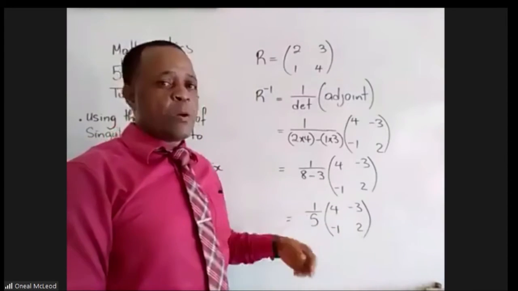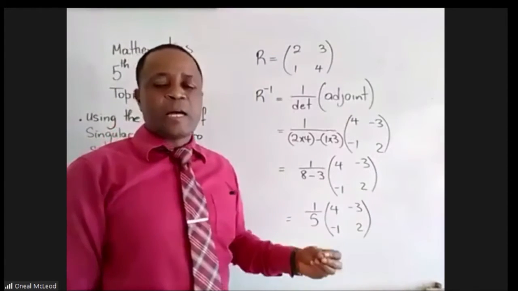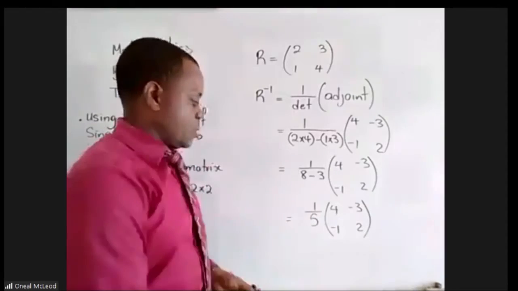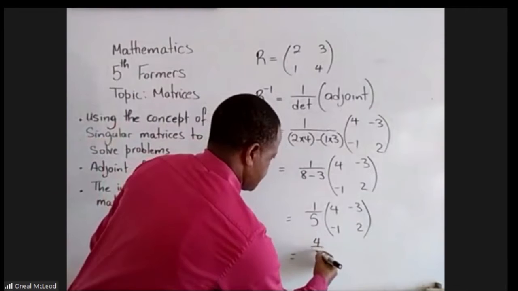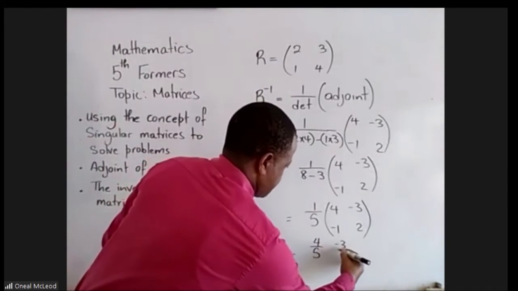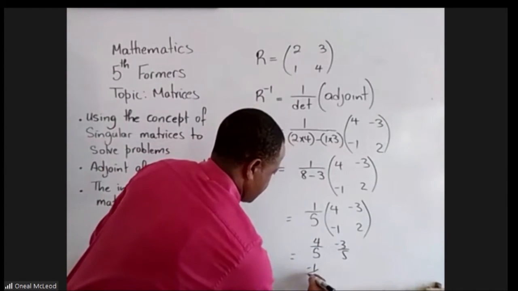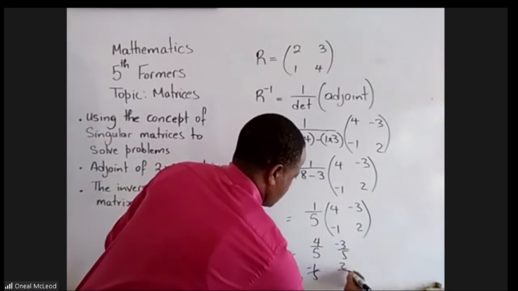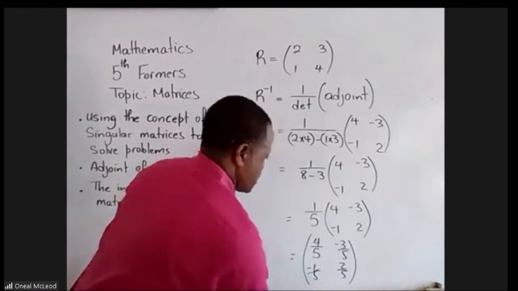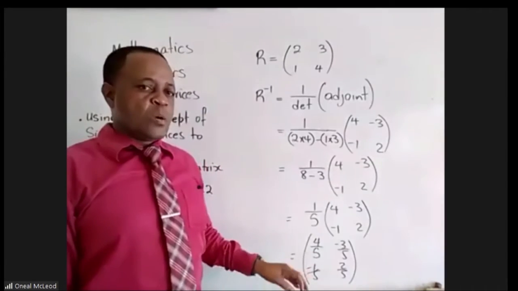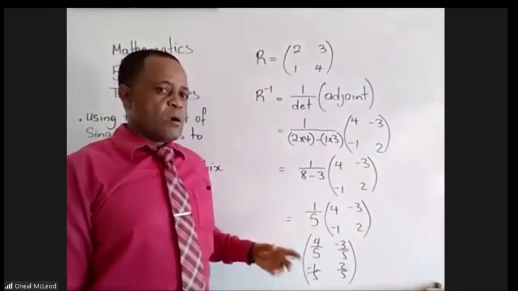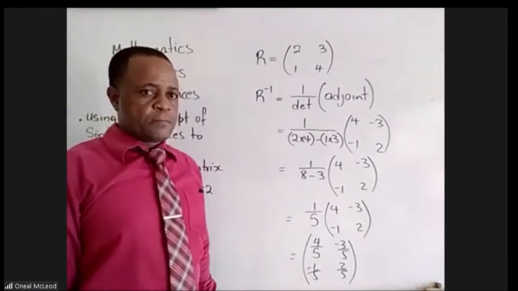Multiplying by 1/5 is the same thing as dividing by 5. So all I need to have is 4/5, -3/5, -1/5, and 2/5. There we have it, and that would be our inverse of the matrix.